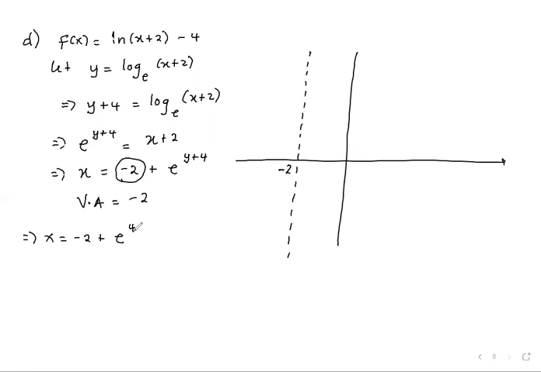It means that this graph will cross here, on that side, and this is minus 2 plus e to the power 4. That's why I said you must always know that the approximate value of e is 2.7, so that when you see minus 2 plus e to the power 4, you know e has become too big.